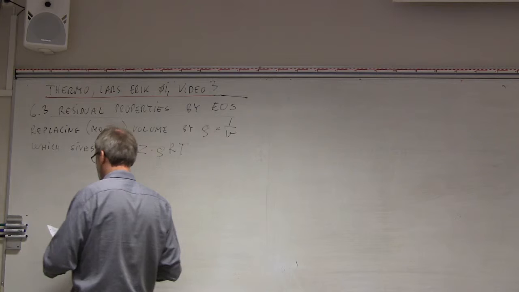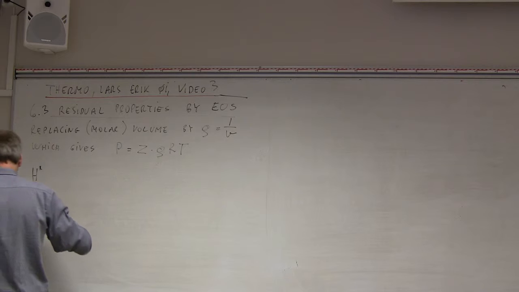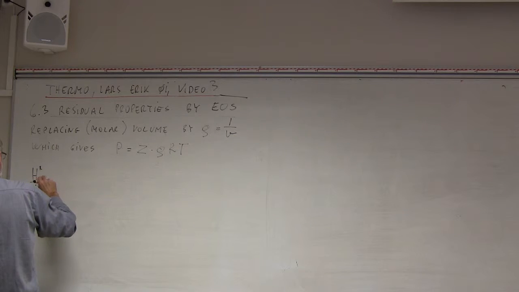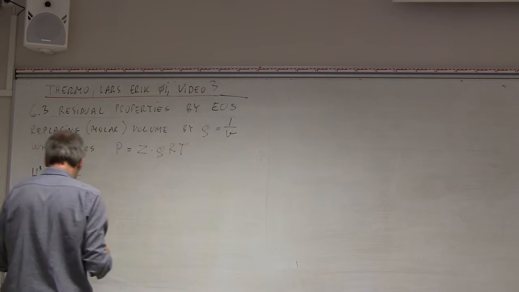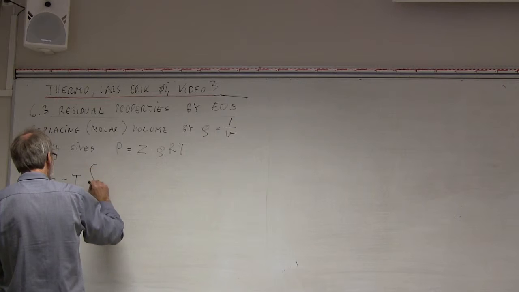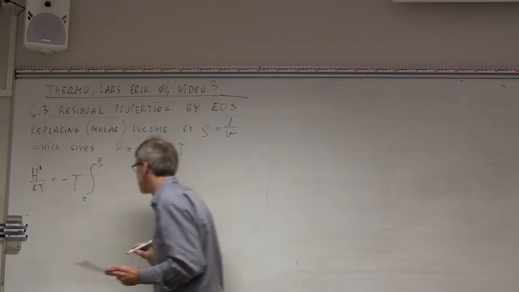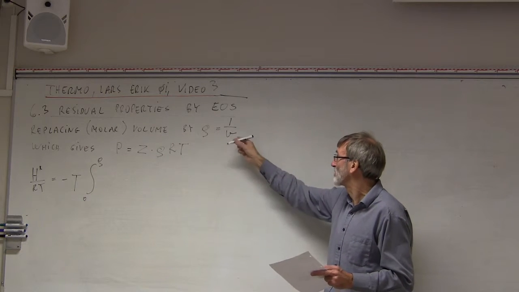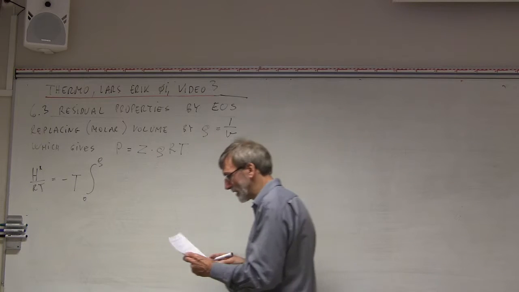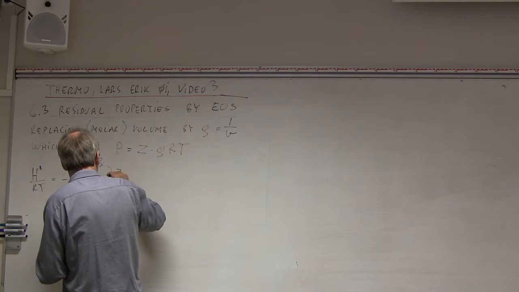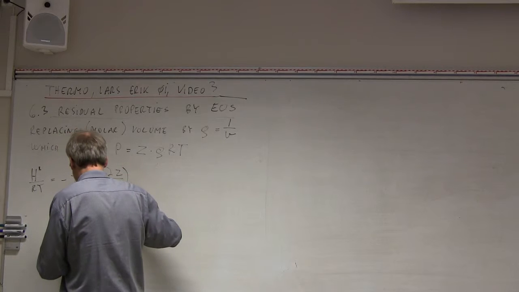And then we have the residual enthalpy equal to minus T times the integral from 0 to rho. We have just replaced P with rho in an equation from last video.